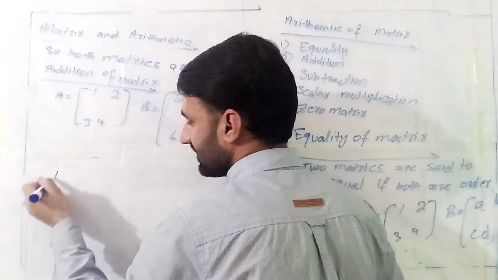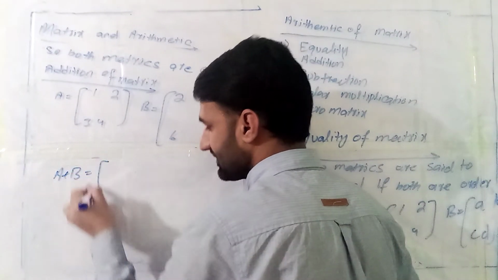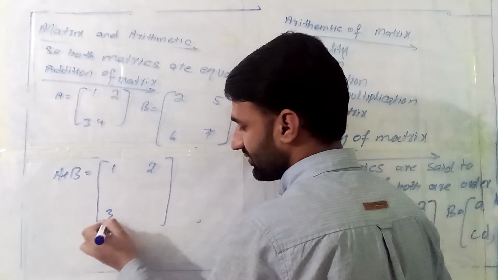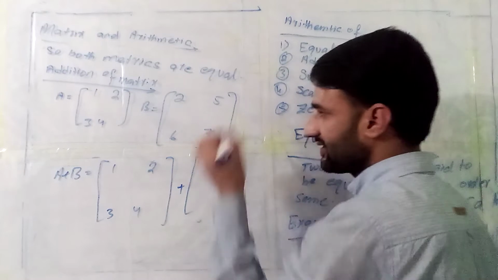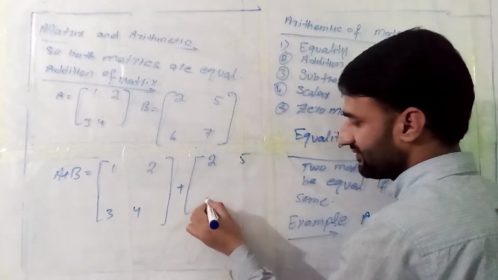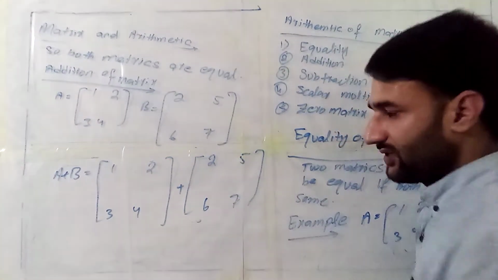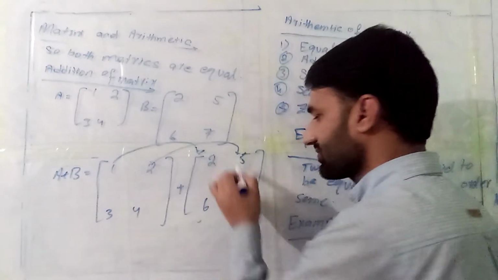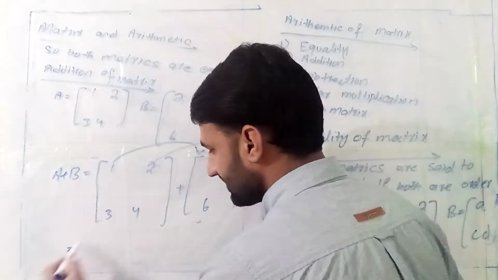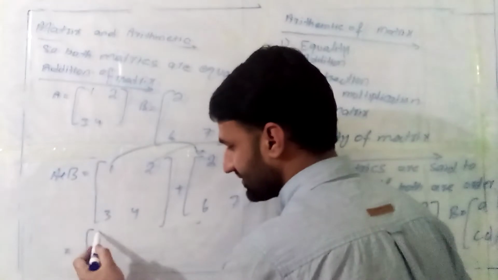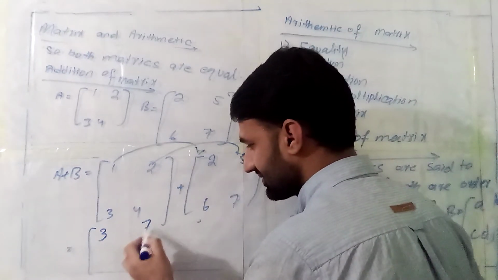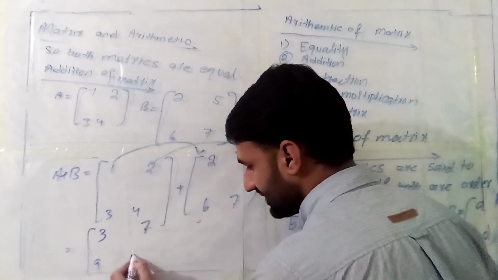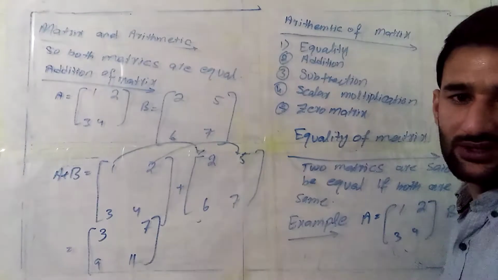You can add A plus B. First you write matrix A, 1, 2, 3, 4, plus the second matrix 2, 5, 6, and 7. For addition, the first entry is added to the first, the second to the second, the corresponding entries. So 1 plus 2 is 3, 2 plus 5 is 7, 3 plus 6 is 9, 4 plus 7 is 11. In this way you can add any matrices, right?